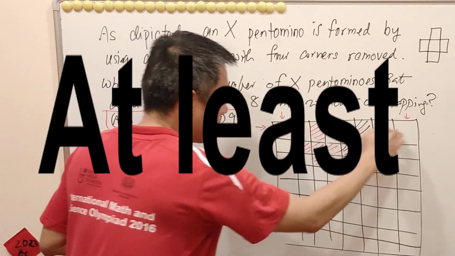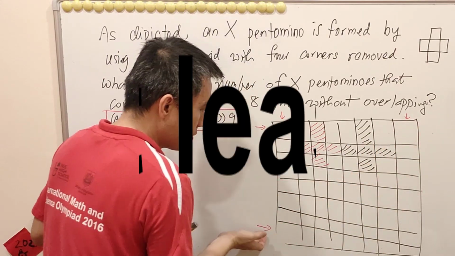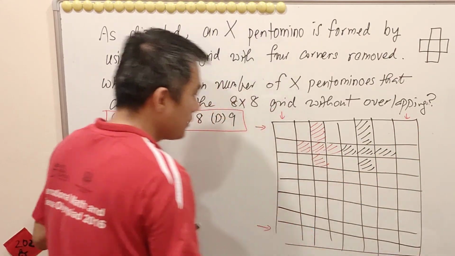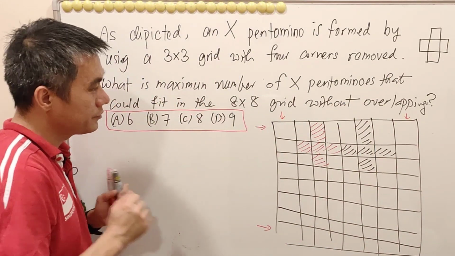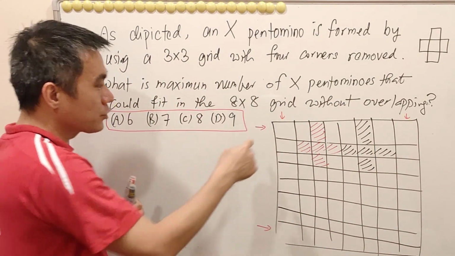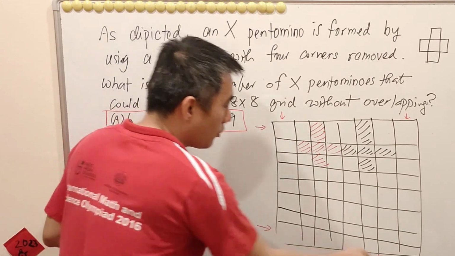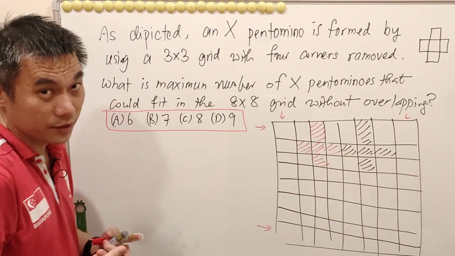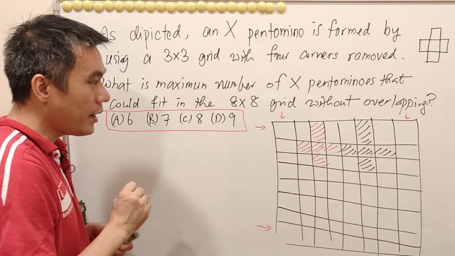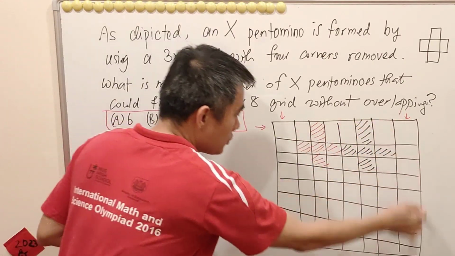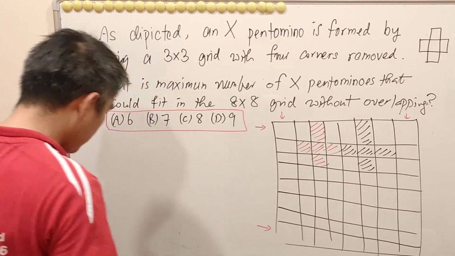So we have 6 wasted here, 6 wasted here, 6 and 6, so total 24. However, we need to exclude these 4 corners which are already overcounted. So that is together 20 squares on the edge that will be wasted.